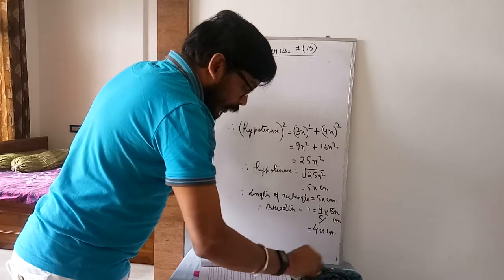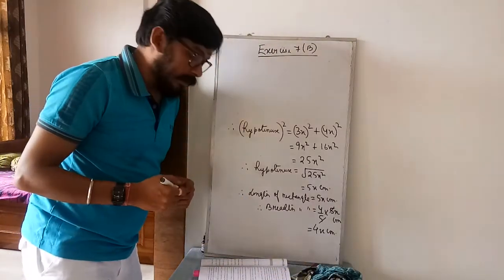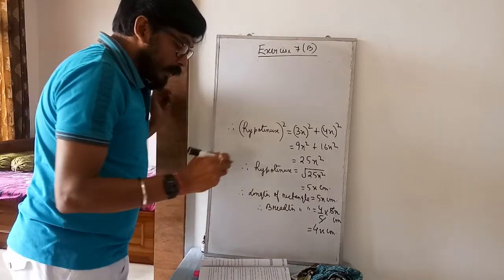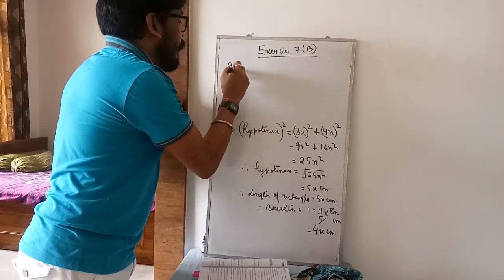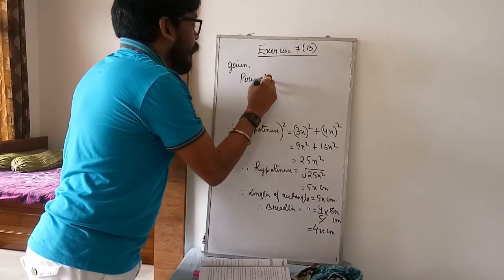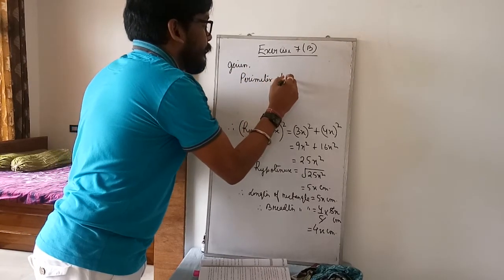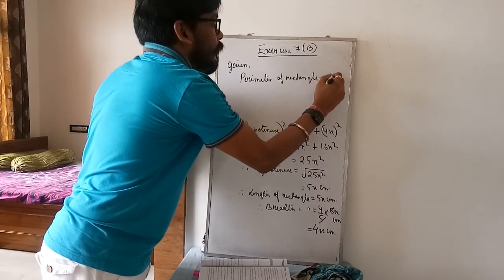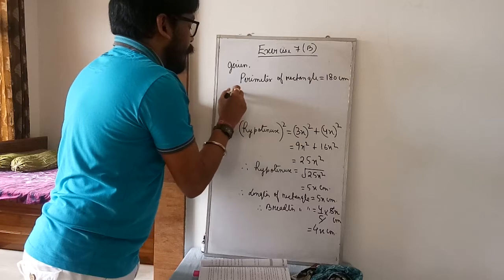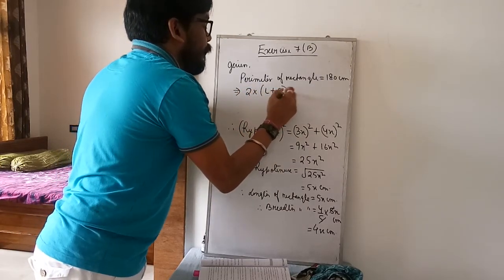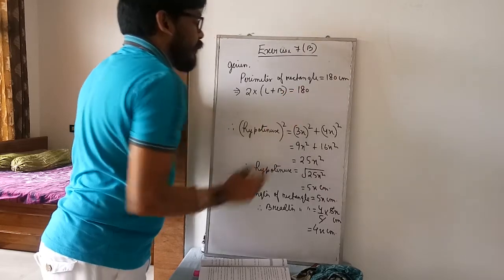To form an equation, you will take the help of the rectangle, because in the question the perimeter of the rectangle is given. How much is it given? 180 centimeter. So you will write here: given perimeter of rectangle equals 180 centimeter. So it will be 2 into (L plus B) equals 180.